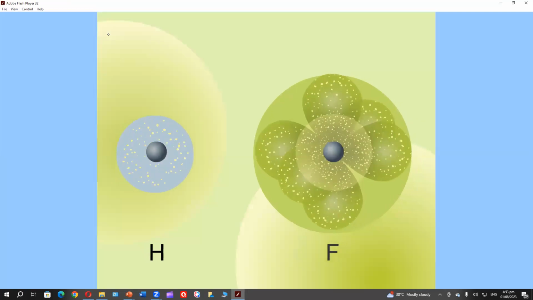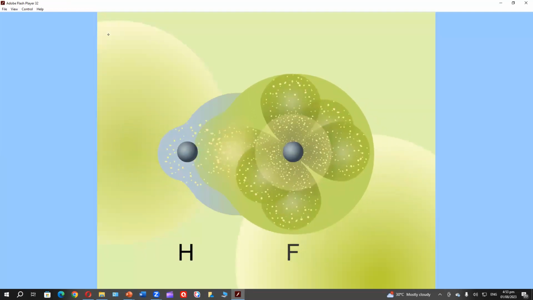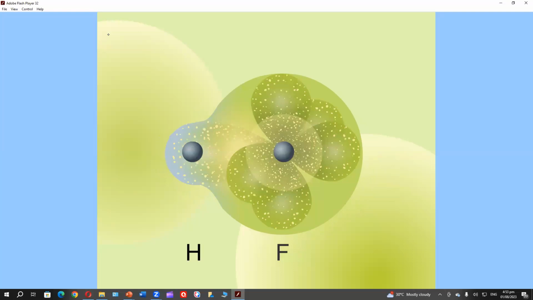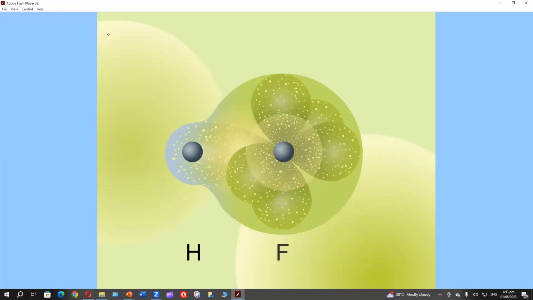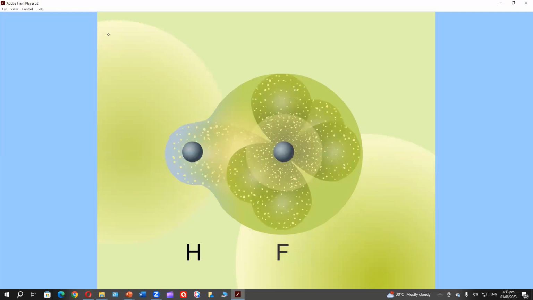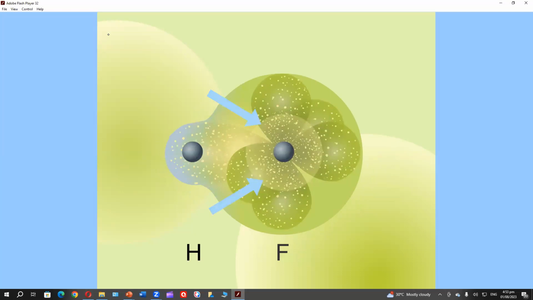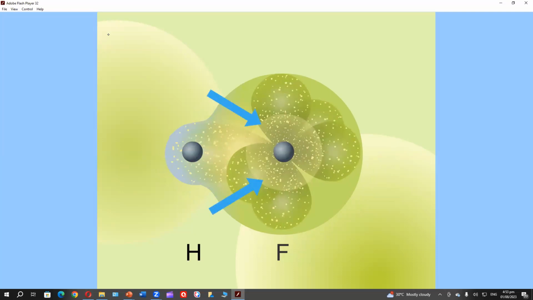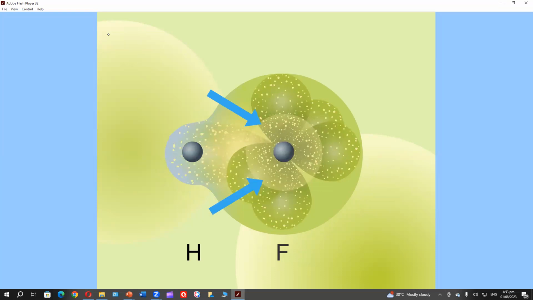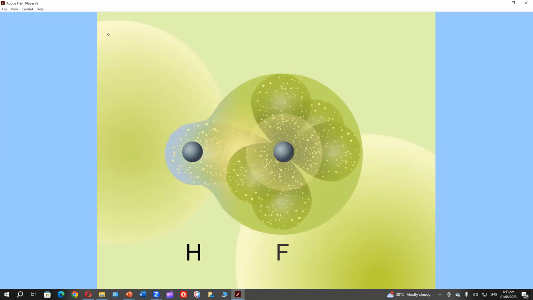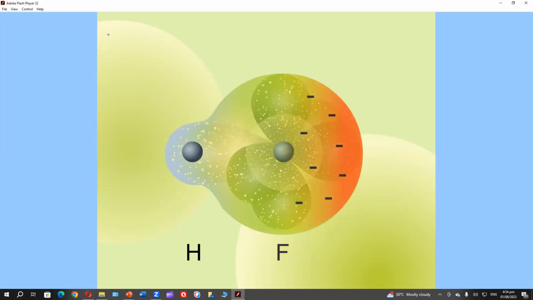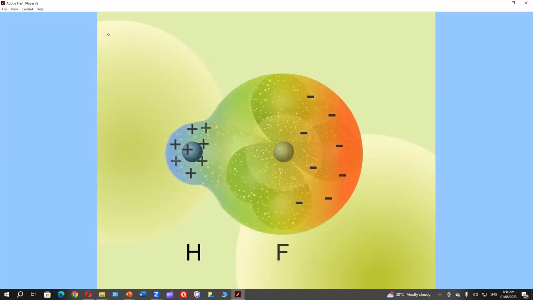However, when two different atoms combine, for example, hydrogen and fluorine, the electron density distribution is no longer symmetrical. Fluorine attracts electrons more strongly than hydrogen, and the electron density is shifted towards fluorine. Since there is a greater share of the electrons around fluorine, this end of the molecule becomes negatively charged. The opposite end of the molecule has a corresponding positive charge.